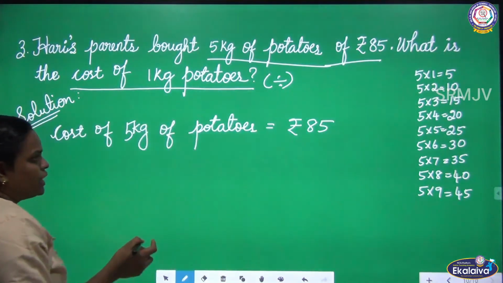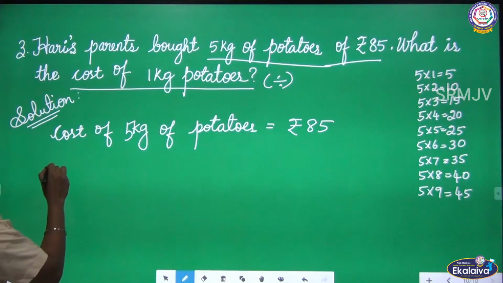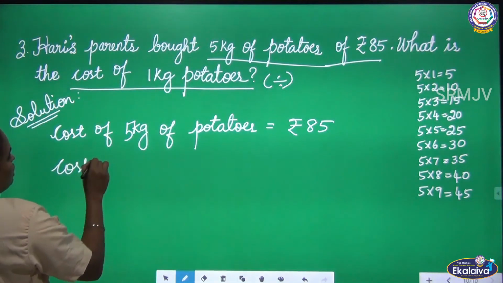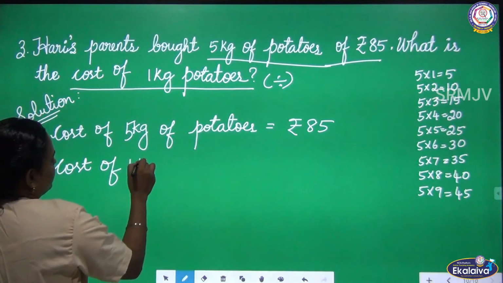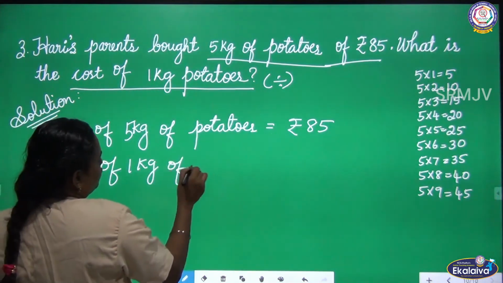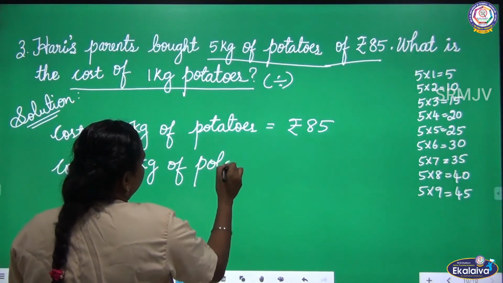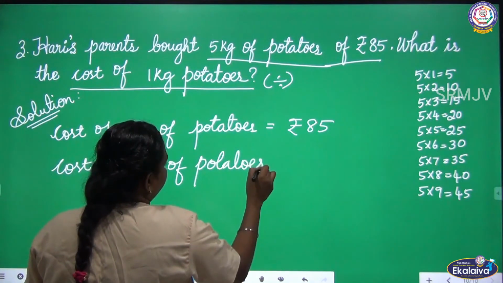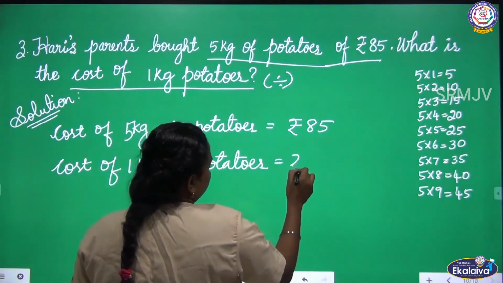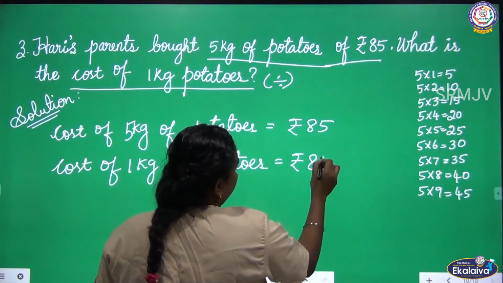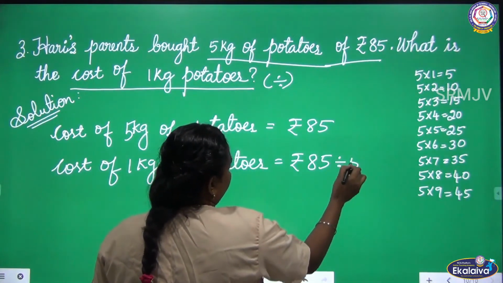We are going to find out cost of 1 kg of potatoes. So cost of 1 kg of potatoes equal to, we are going to divide 85 by 5.